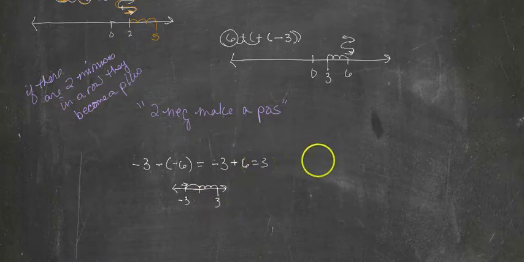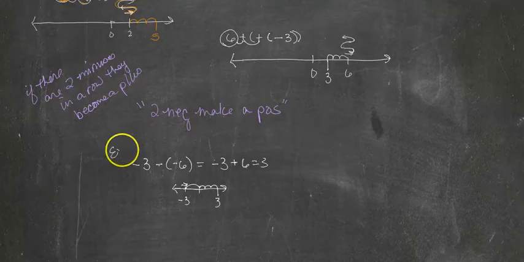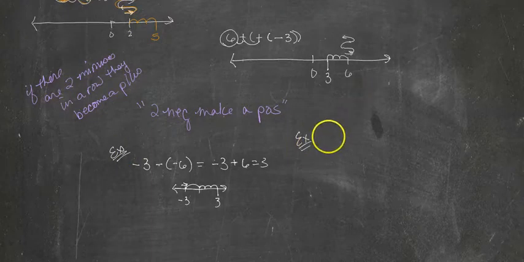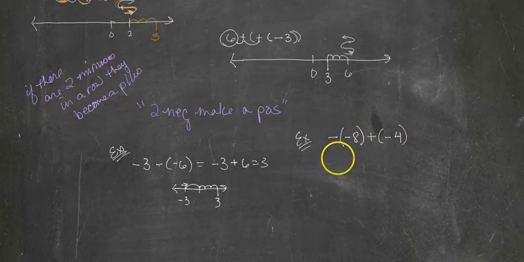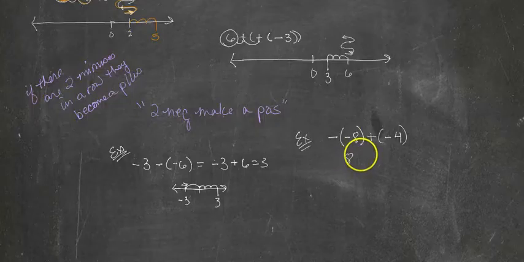Okay, so let's do another. How about negative, or the opposite of 8 plus the opposite of 4? Okay, what does that do? Well, minus minus right in a row, those can be pluses, so that becomes a positive 8 plus a negative 4.